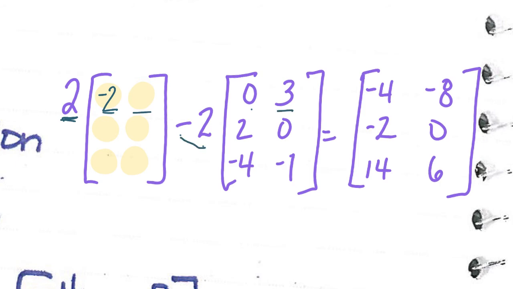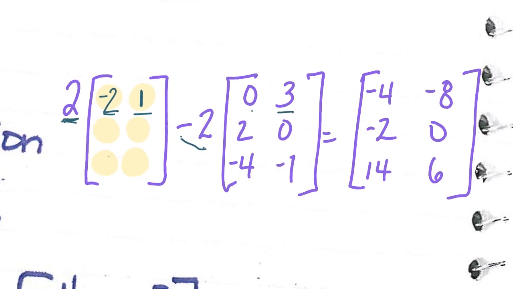That's a negative 6. So I know that this has to be a 1. 2 minus 6. Oh, that's not. It has to be a negative 1, huh? So notice we have a negative 6, and that has to be a negative 1.